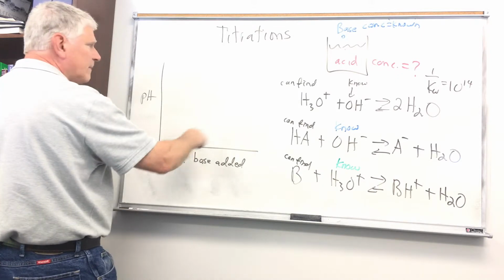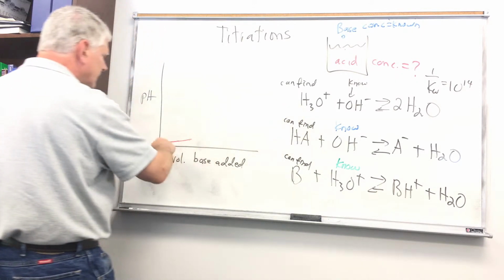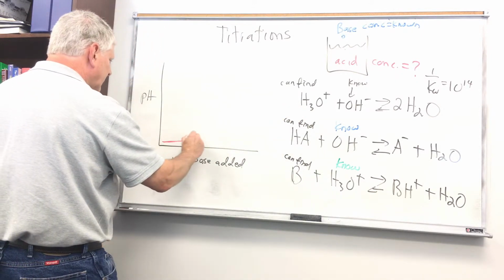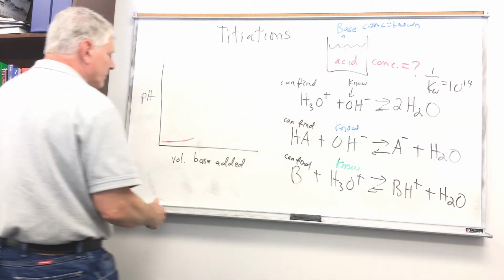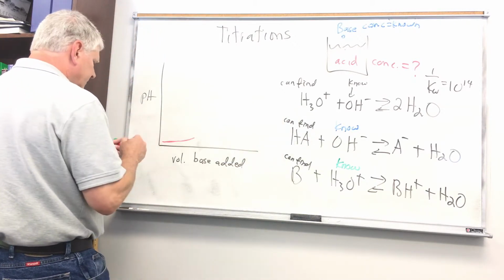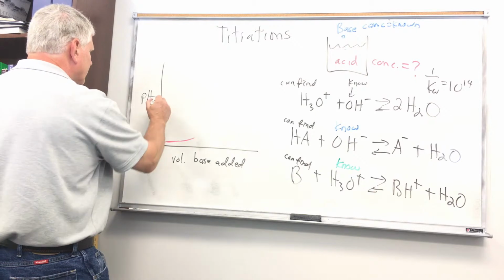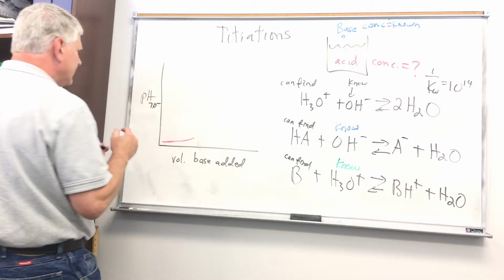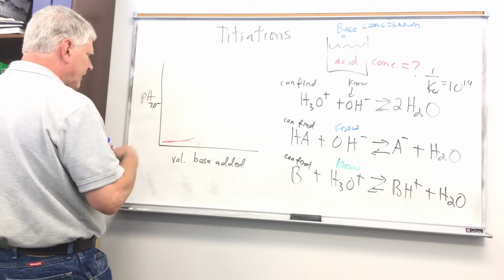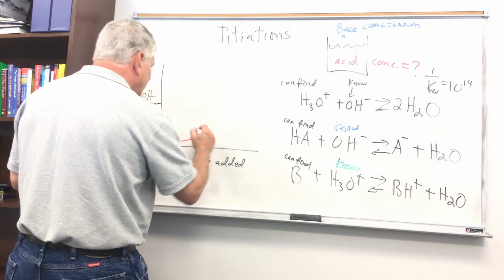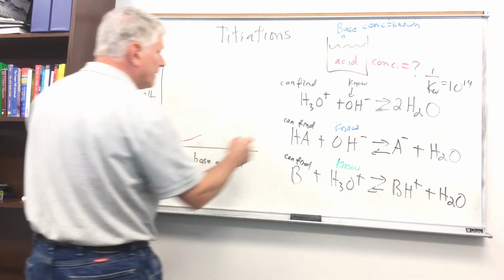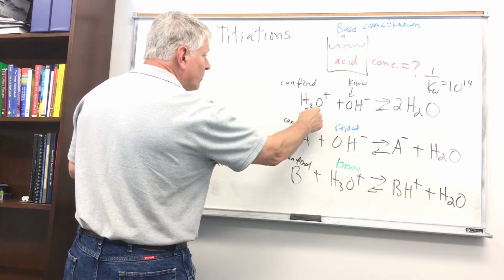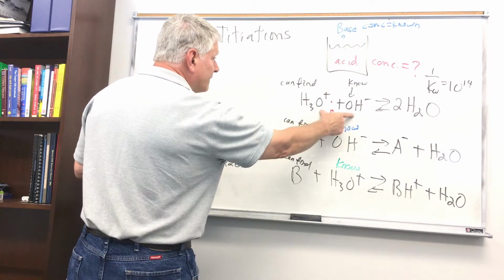So start adding base and some of the acid disappears, but it's still an acidic solution because we still have strong acid left over. So we're at pH below 7. So I'll put this at 7.0 pH. So we start at a low pH, and then we'll get to a point where we've just reacted all of the acid.